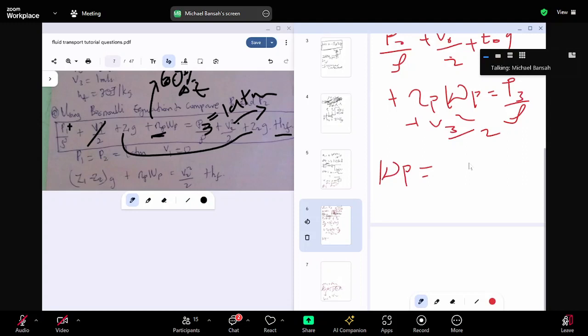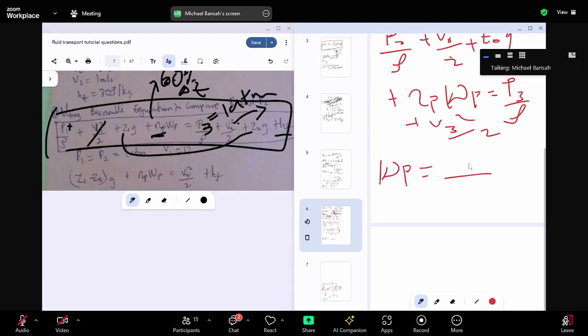So at the end of the day, I can find my WP, making it the subject from this equation. If I get my WP, which is the work of the pump, I'll get a certain value. Later we'll go into the solution and see how they went about it, and I'll explain that to you.